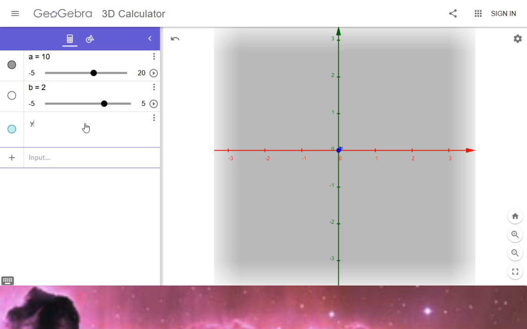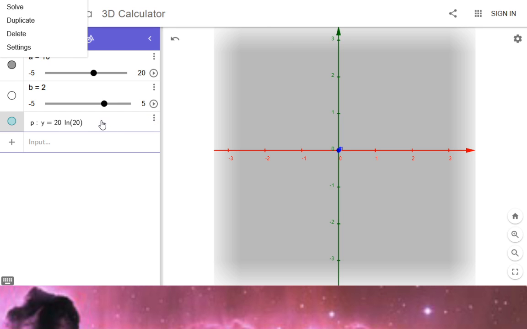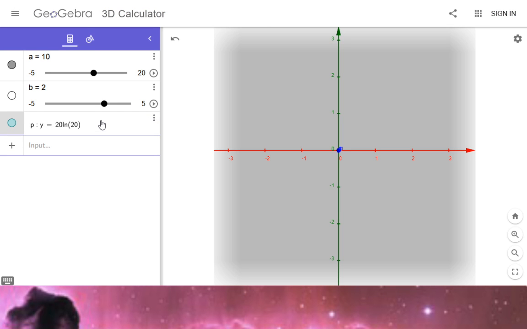Let's try Y equals 20 log... Well, 10 divided by 5 is 5. Actually, let's do 10. Why doesn't it plot this? Why are they putting natural log input?